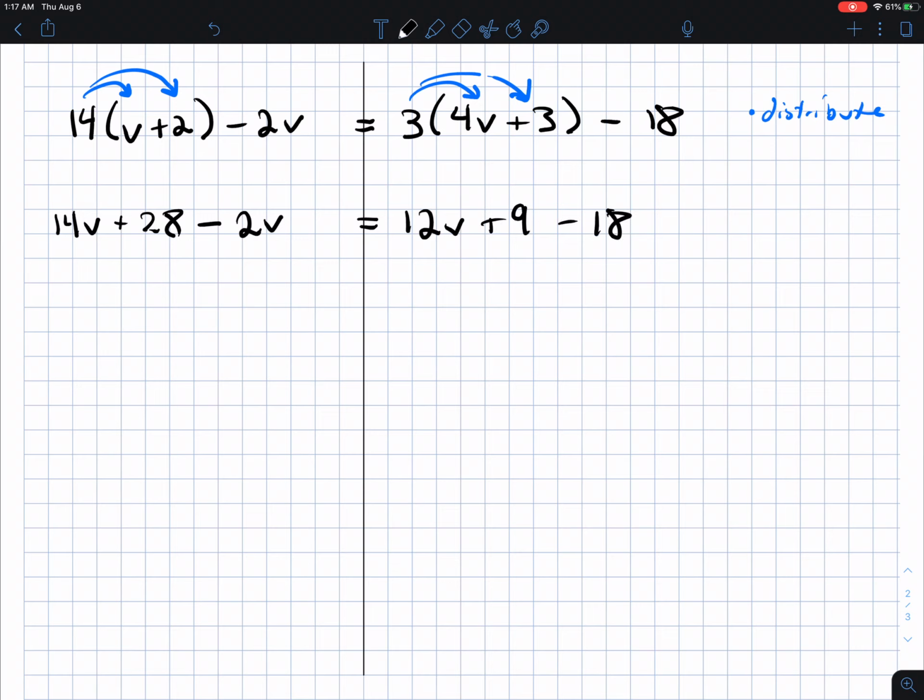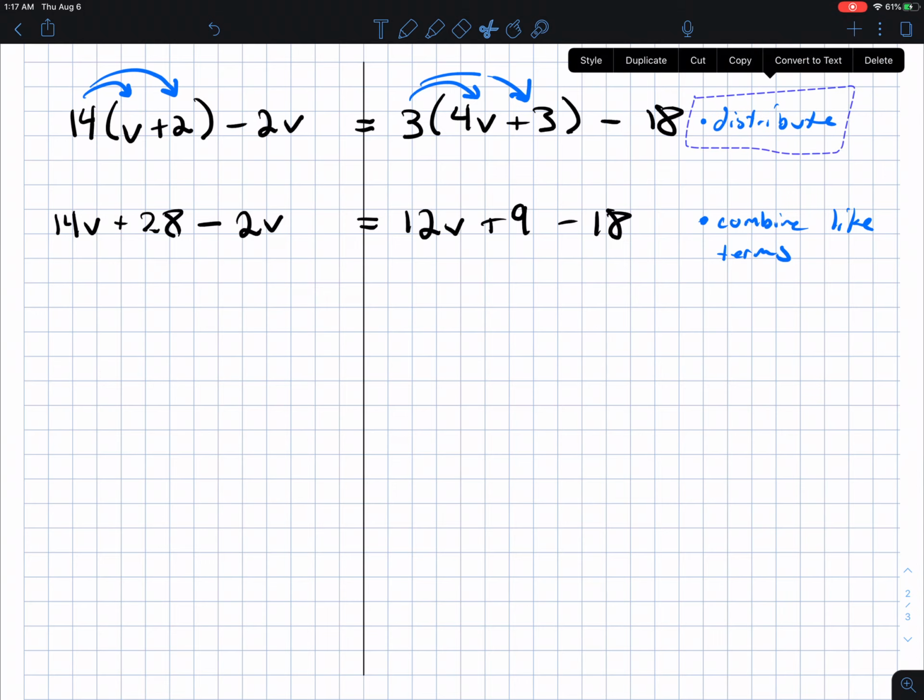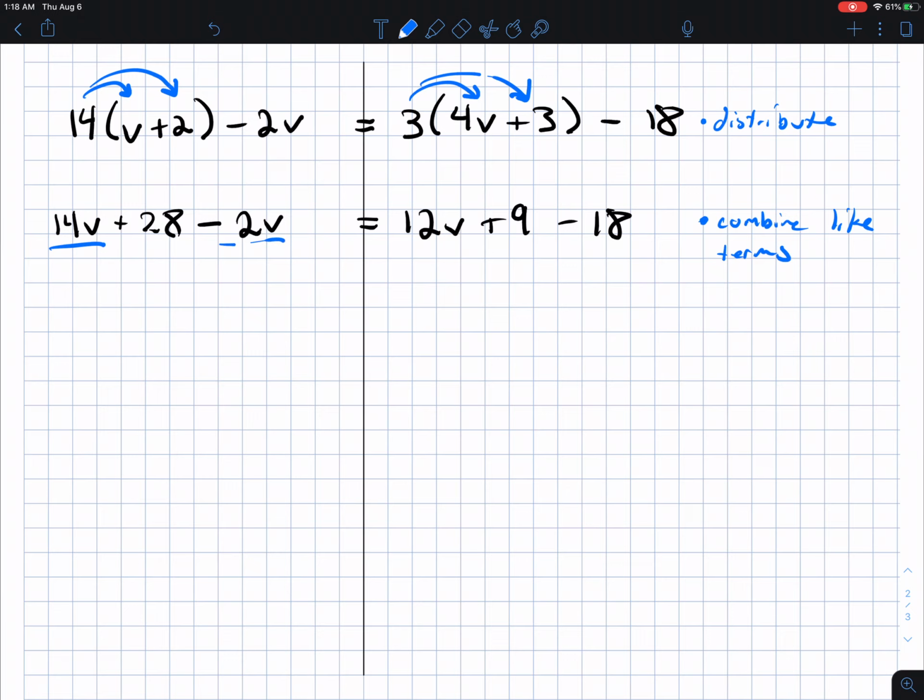Okay, so then on either side, the next thing we want to do is combine like terms. Again, typically terms are things that we add and subtract. Factors are things that we multiply and divide. On the left-hand side, we have this 14v that we can combine with this 2v.